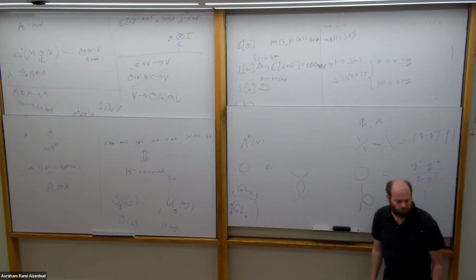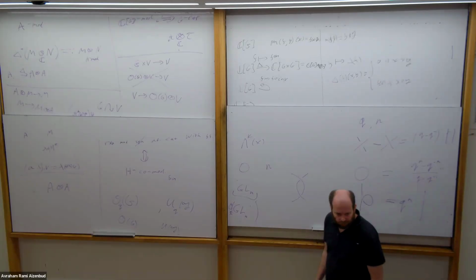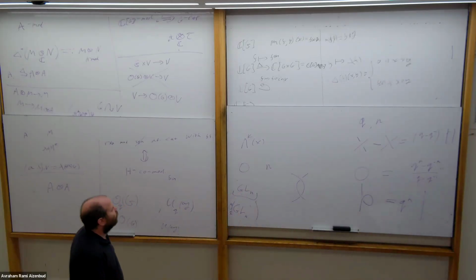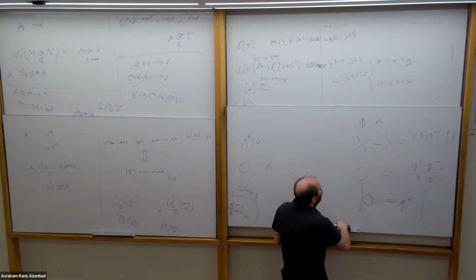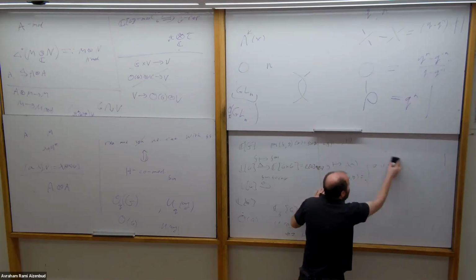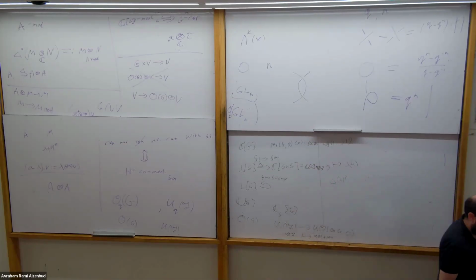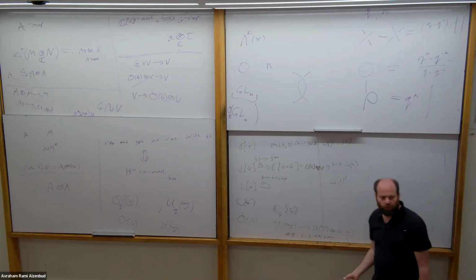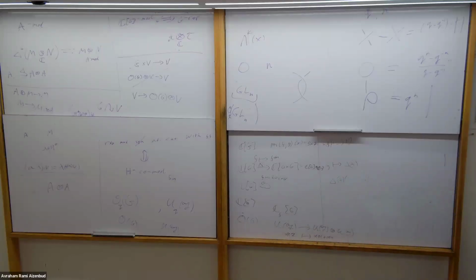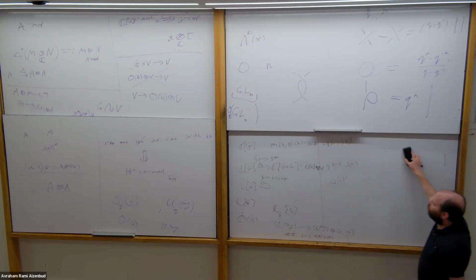Do you have any questions about it? I want to go to sheaves. First of all, I want to go back to your question about sheaves and give an example of a morphism of sheaves which is onto as a morphism of sheaves, but not onto as a morphism of presheaves.